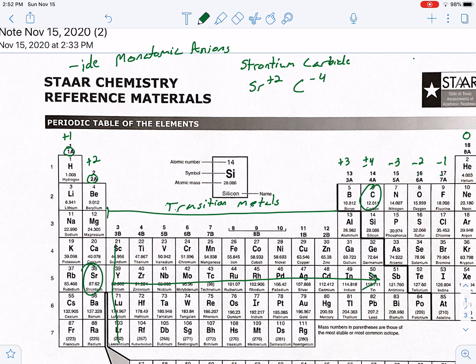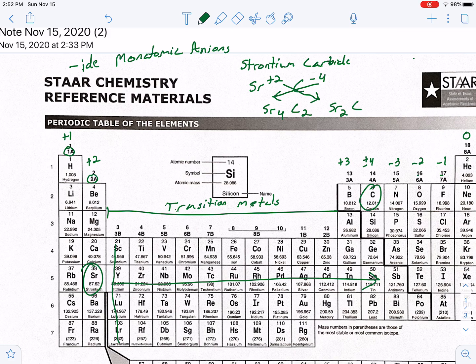So here's where you can do the crisscross method if you want to. You can bring this 4 down here, and this 2 down here. So that'd be Sr4C2. Both are divisible by 2, so this needs to be reduced. That would be Sr2C.